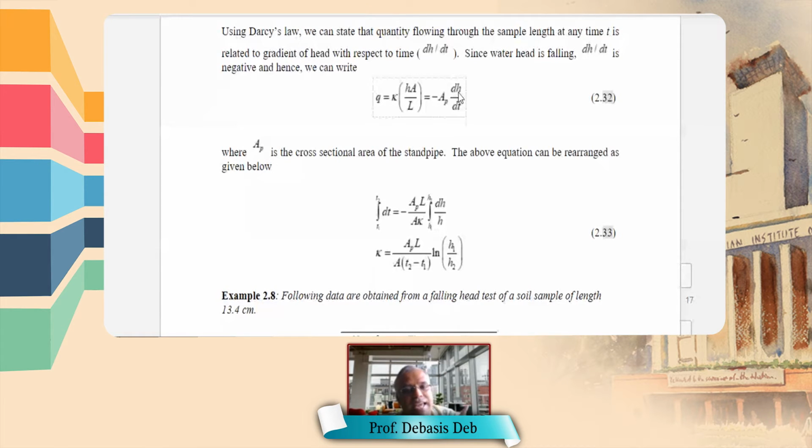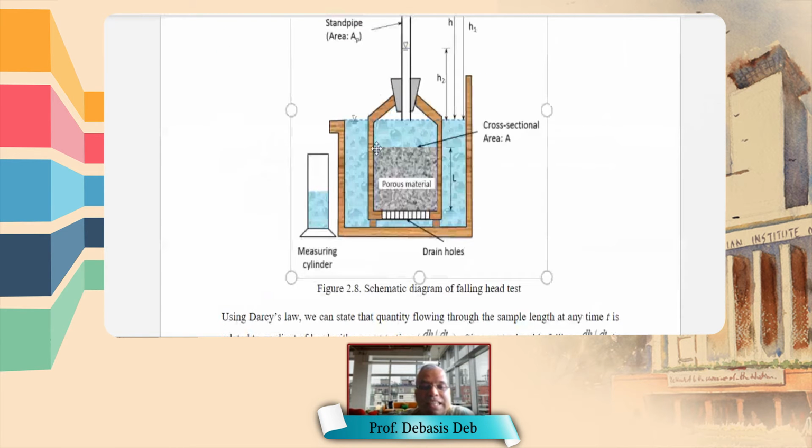The volume, AP into dH is its volume, divided by dt is the rate at which it has fallen within that time, and that must equal whatever Darcy's law told us through that cross-sectional area.